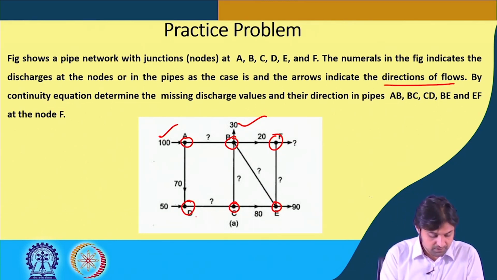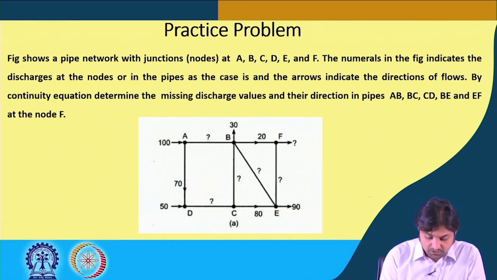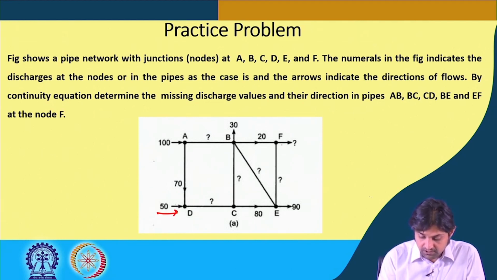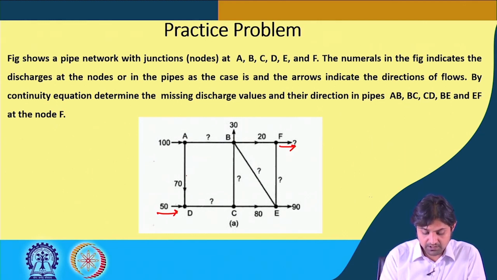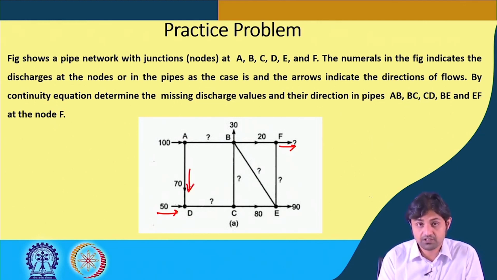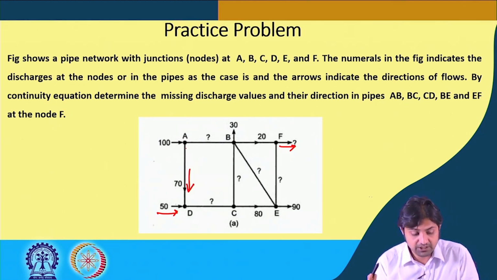So this means the flow is in this direction, and this means the flow is in this direction. Here it is already told that the flow is in this direction, but at other places we have to calculate.